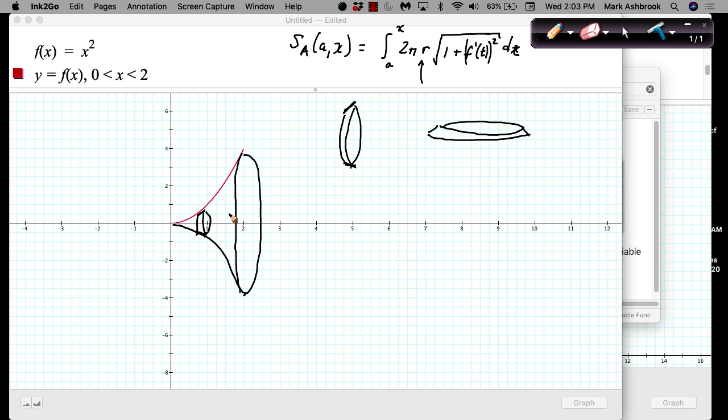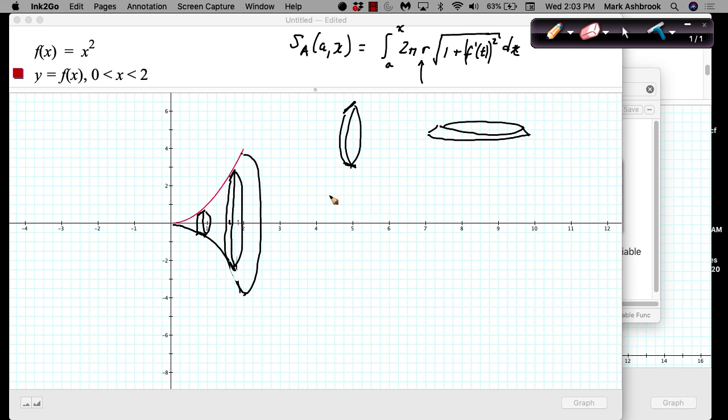There's that one there, and then for later on, say this delta x interval down here, say it's this one. So those are what my ribbons are going to look like.